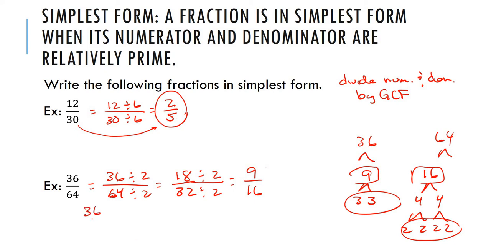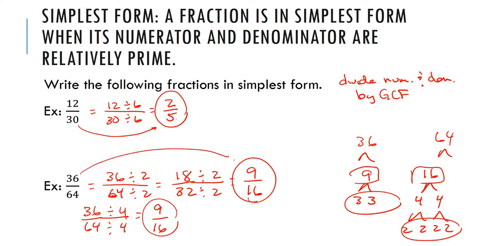Now, if I had known that 4 was the greatest common factor of 36 and 64, I would have gotten 9/16 also in one step instead of 2. But either way, as long as we get down to the point where we have the fraction that is equivalent, but in simplest form, meaning nothing else will divide both of those, then we are done.